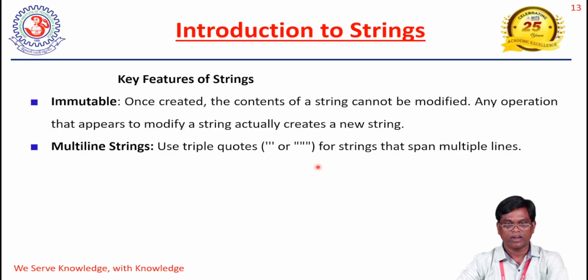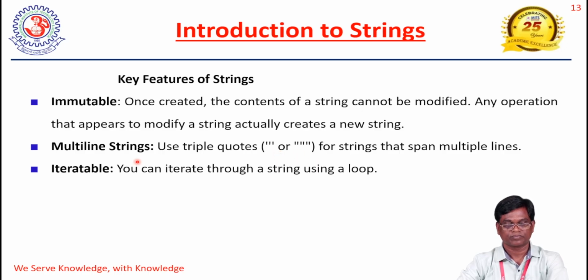But in Python, this feature is provided by using triple single quotes or triple double quotes. The third feature is iterable. Once a string is created, I can go through the characters one by one using any of the available loops. That property you can call iterable.